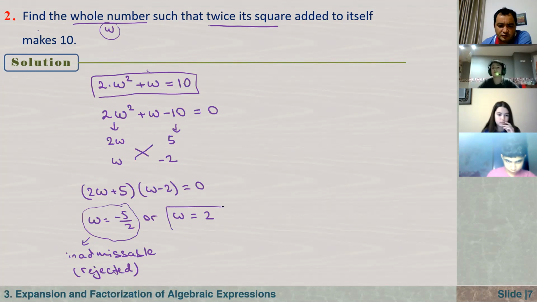So that is a suitable answer. So find the whole number. That number is 2, right? As I say here, 2, and square it, it is 4, and 2 times 4 is 8, and add itself, that gives us 10.